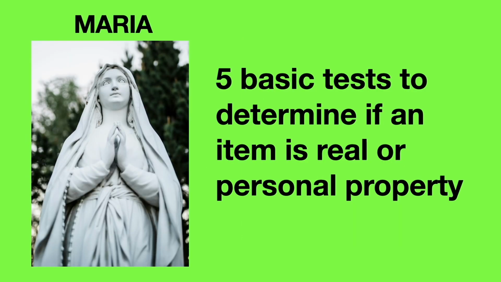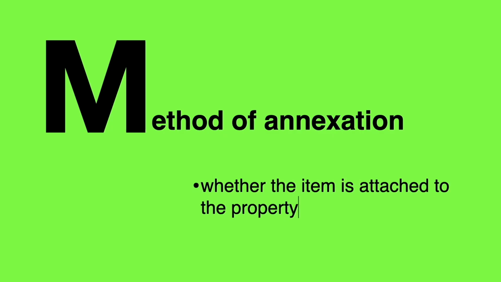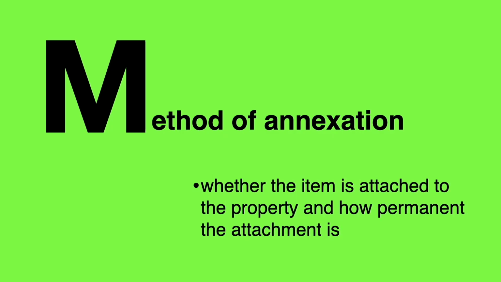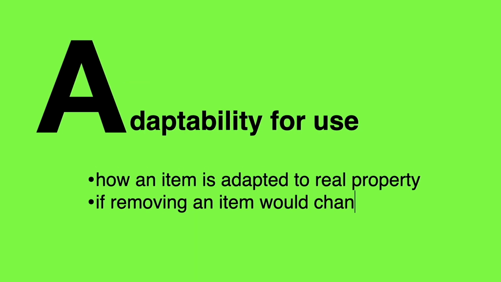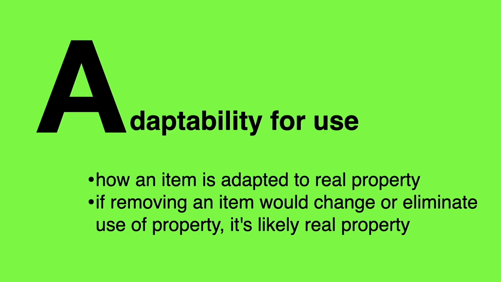Five basic tests can help determine if an item is real or personal property. MARIA. MARIA stands for the method of annexation, which refers to whether or not an item is attached to property and how permanent that attachment is. Adaptability for use refers to how an item is adapted to real property. If removing an item would change or eliminate the use of the property, it's likely real property.